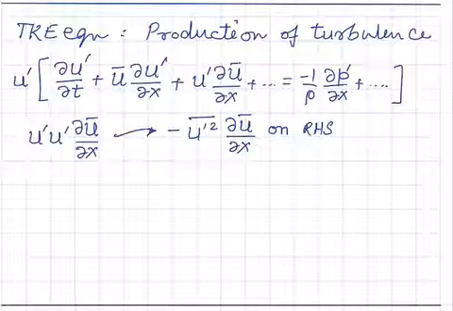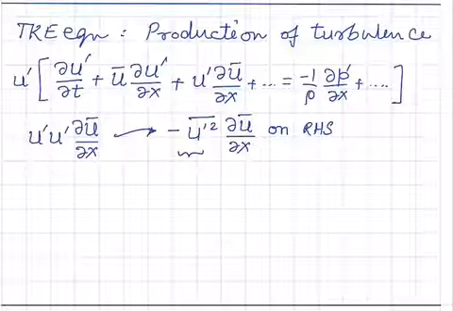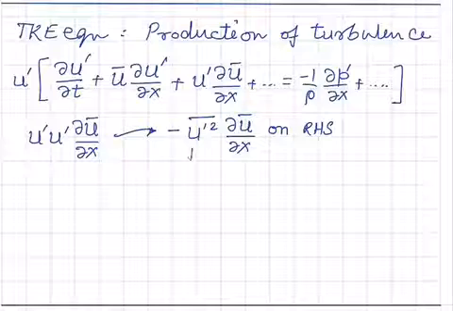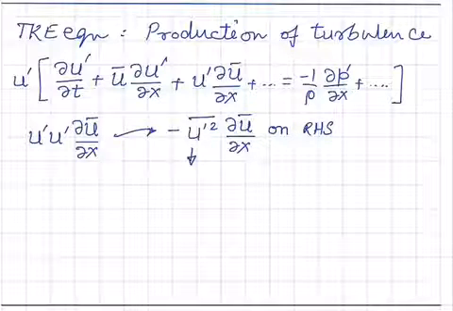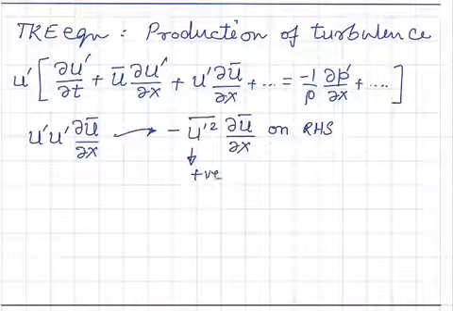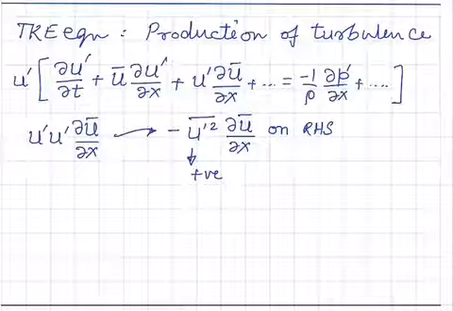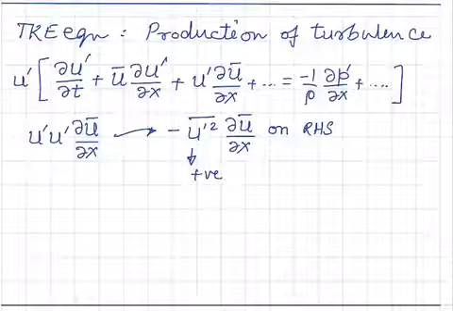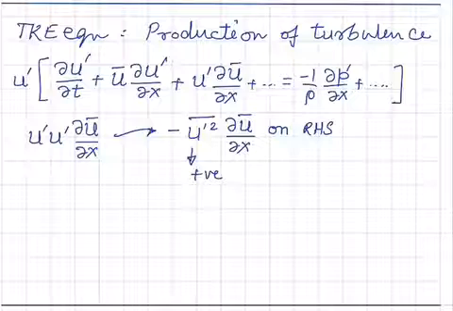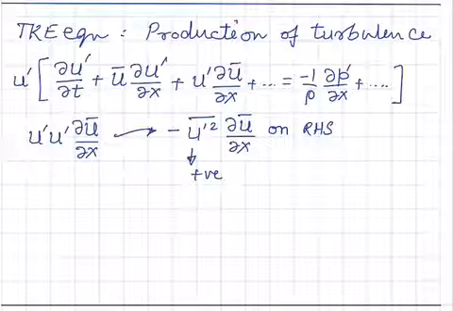Now u prime square is always positive because the square of a quantity, even though the fluctuation itself can be positive or negative, will always be positive.